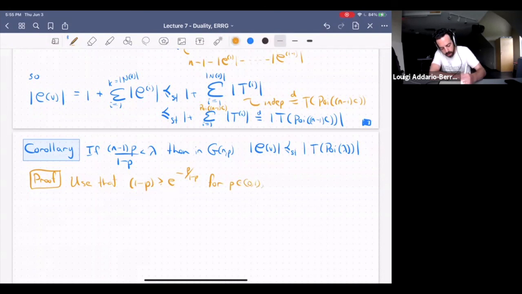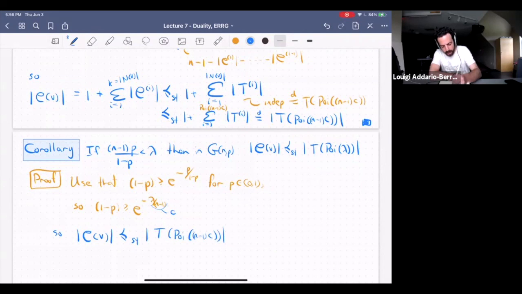And so rearranging this, p over 1-p is lambda over n-1, right? So that says that 1-p is at least e to the minus lambda over n-1. Okay, so now if we call this value c, then the theorem tells us that the size of the component containing v is stochastically at most the size of a Poisson((n-1)c) Galton-Watson tree.